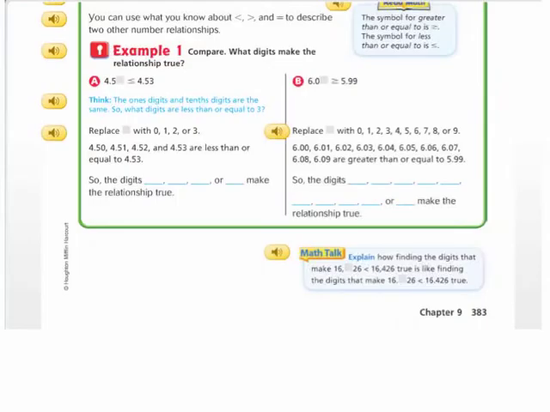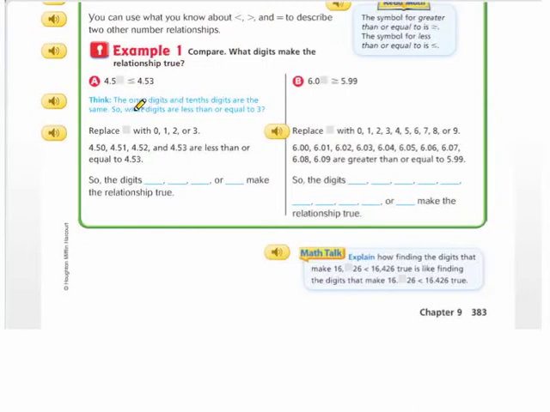All right, so now what we're going to do is compare what digits make the relationship true. Okay, so we have 4 and 5 tenths. We have to make this true. So 4 and 5 tenths, we're not sure where we're going to put the missing number, is less than or equal to 4 and 53 hundredths.